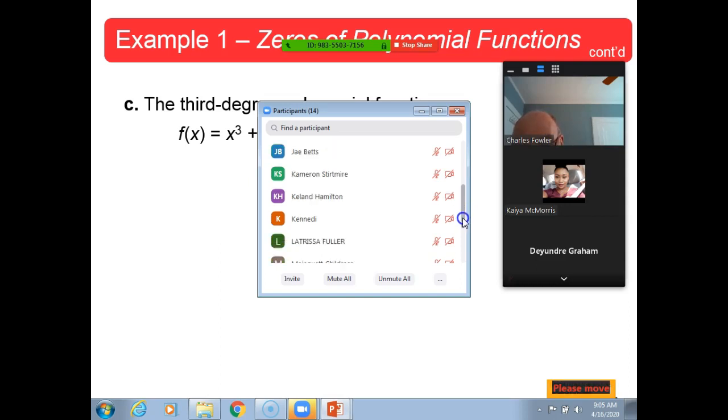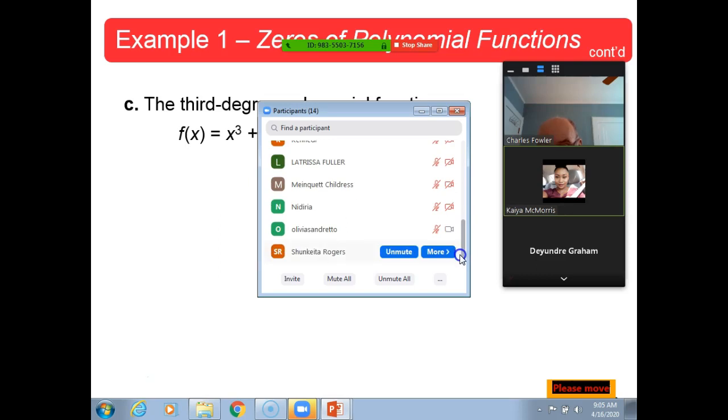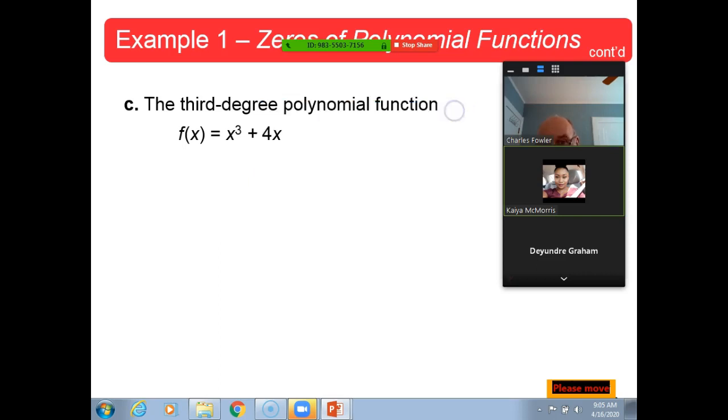Already had Latrissa. Minuet. Good deal. Good to see you or hear from you that you're here. Okay. So Minuet's here. All right. Excellent. I think that may be the only two that added recently. Any of the others of you not hear me call your name? I've got Nadiria. I have Olivia. I have Sean. Yeah, I think I've got everybody now. Okay. So let me close that out for now. So it's 1, 2, 3, 4, 5, 6, 7, 8, 9, 10, 11, 12, 13. Good. I'm the 14th. Okay. If you see anyone else pop up, let me know so I can get them on the roll.